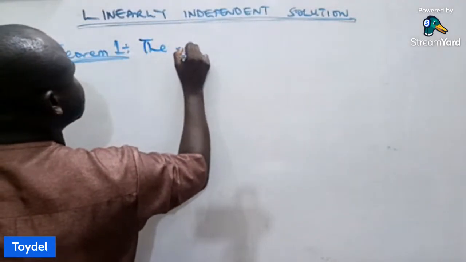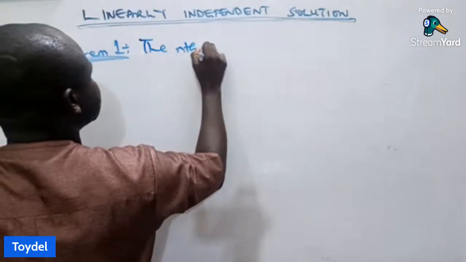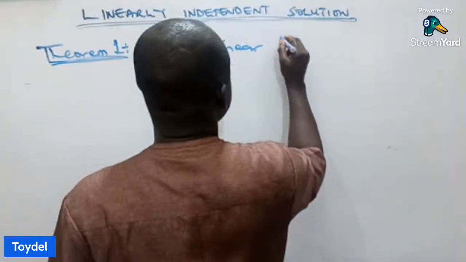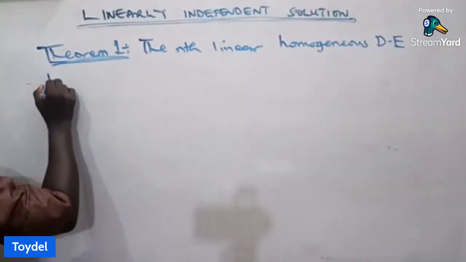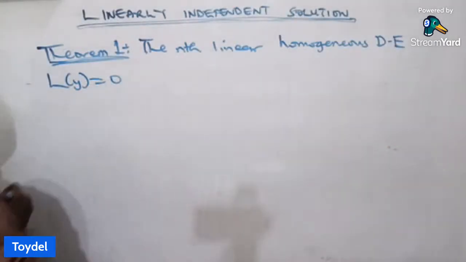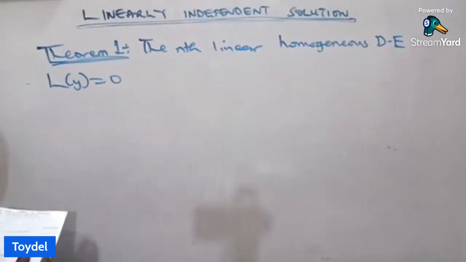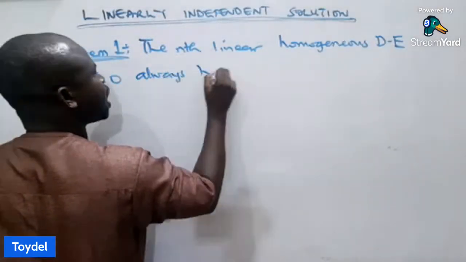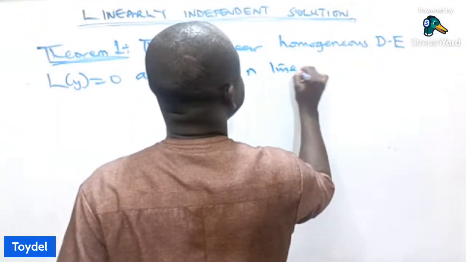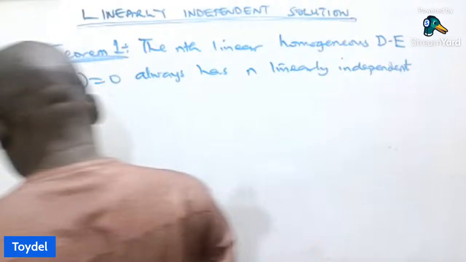The nth order linear homogeneous differential equation, that is, when we say Ly equals 0, always has n linearly independent solutions.